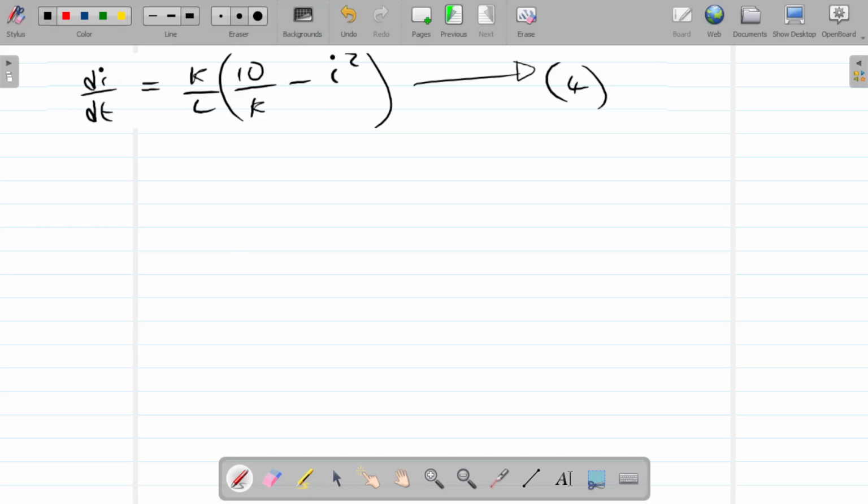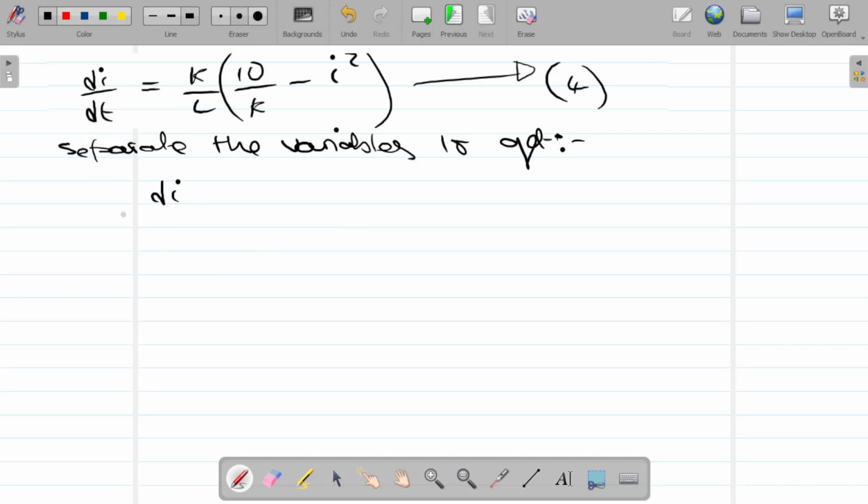If we separate the variables, we get di over 10 over k minus I squared.